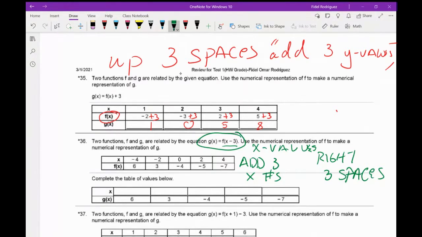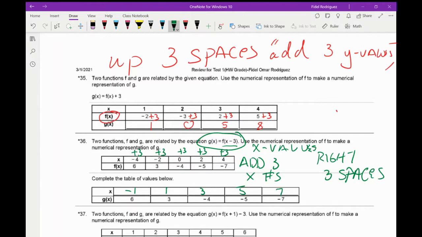So I'm going to look at each of these numbers right here, and I'm going to just plus 3 on every single one of them, okay? So negative 4 and 3, negative 1. Negative 2 plus 3 is 1. 0 plus 3 is 3. 2 plus 3 is 5. And 4 plus 3 is 7.